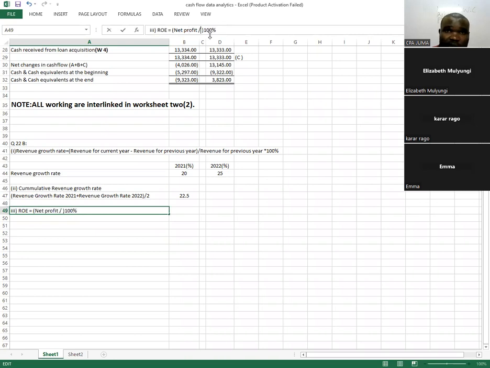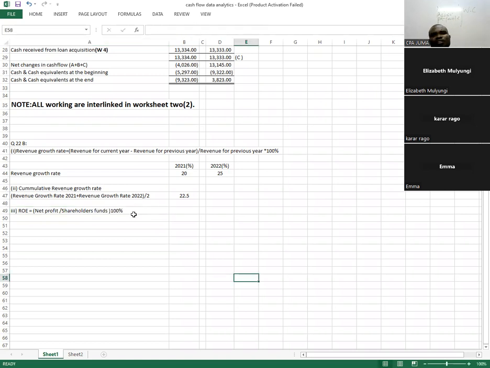You divide by shareholders' funds, which is just the total equity. So that is even easy. Take the net profit, divide by the shareholders' funds, which is the equity, times 100. Then you comment increase, decrease. Then you get those 2 marks.